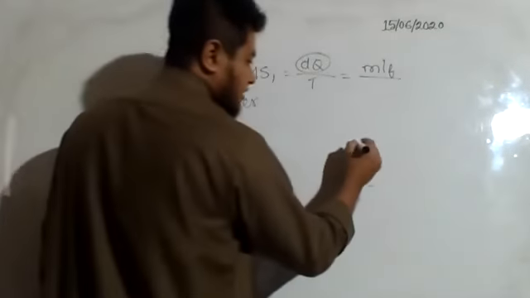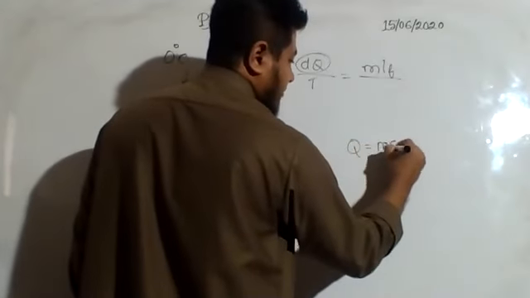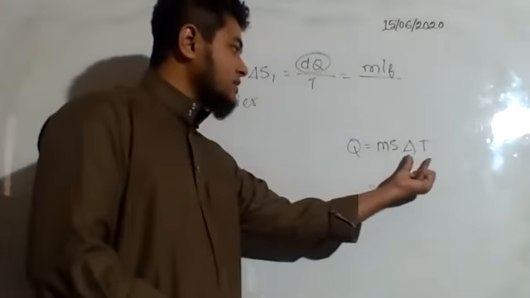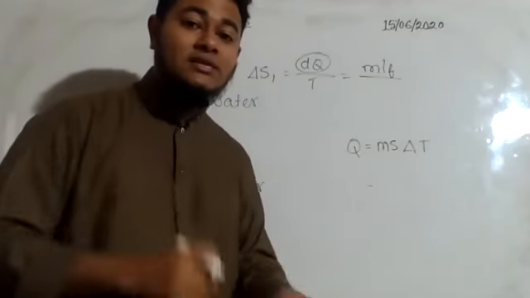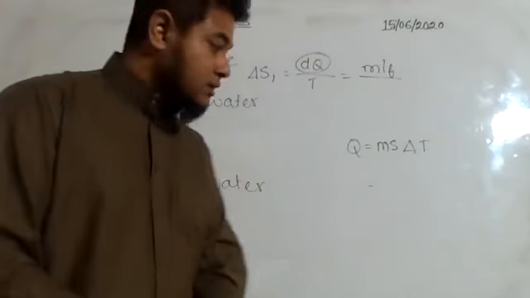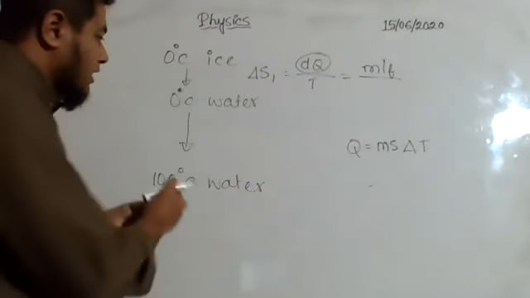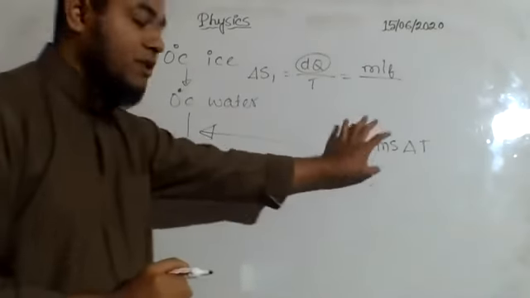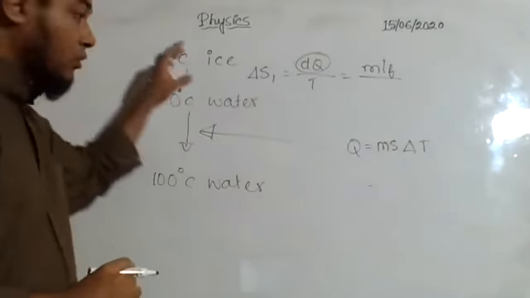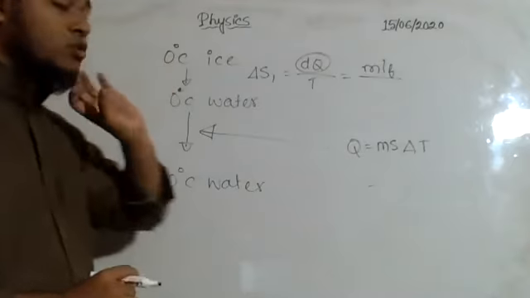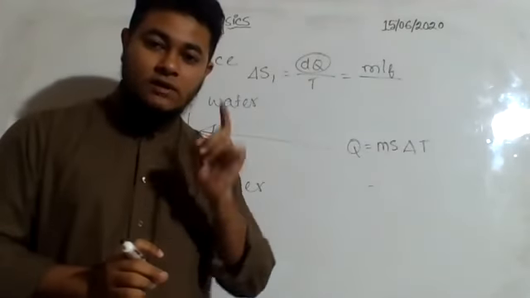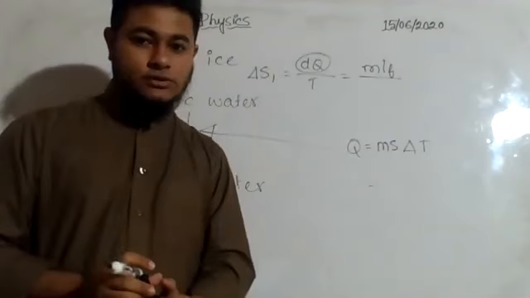Generally we know this equation of Q, that is m s delta theta or delta T. This is applicable when the temperature is changing, so we will apply this formula in the second step. But what about this step? In this step, no temperature change is occurring. When temperature is not changing, the state change occurs, right?